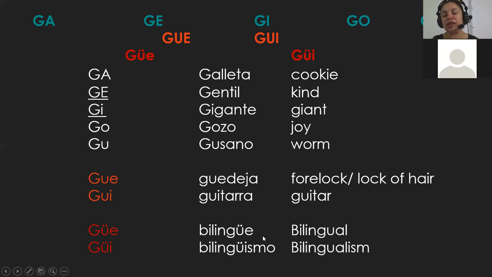Bilingüe in English is bilingual. The same case we have with the G, U with the 2 dots that is called diéresis, and I, bilingüismo. Bilingüismo in English is bilingualism.